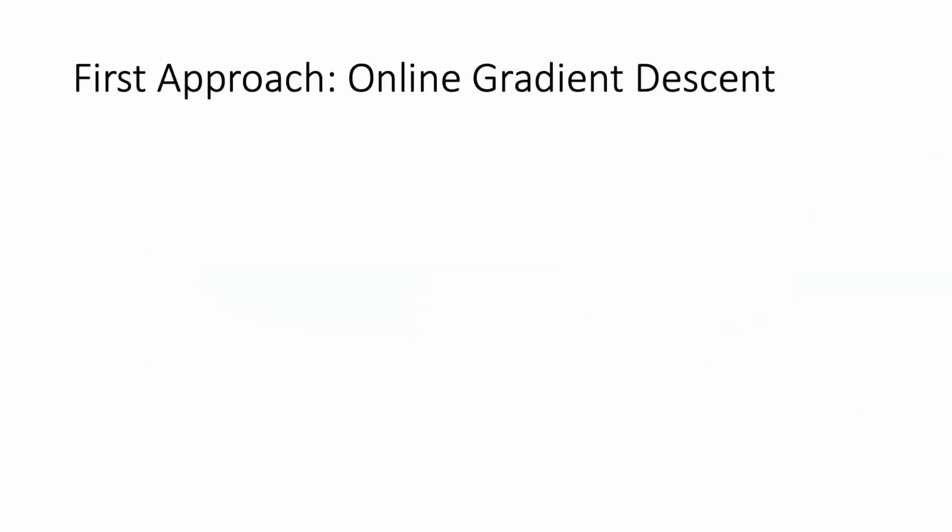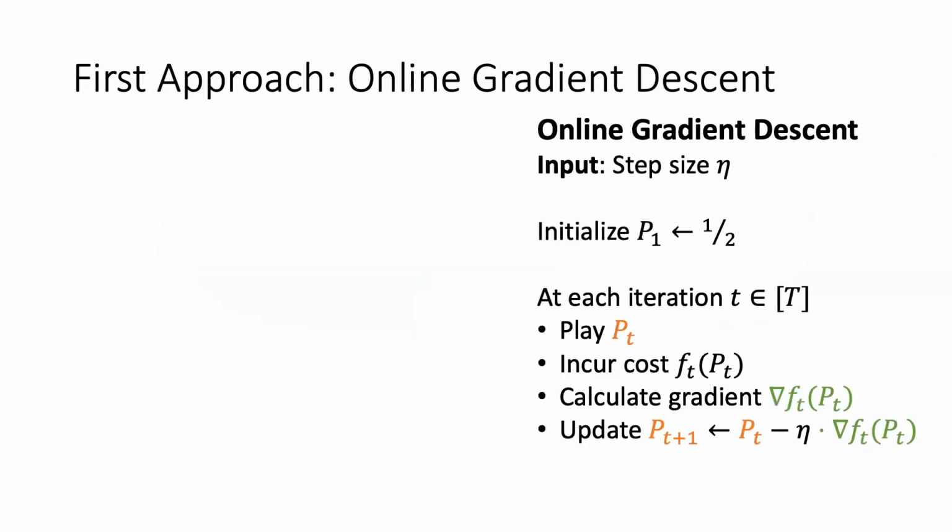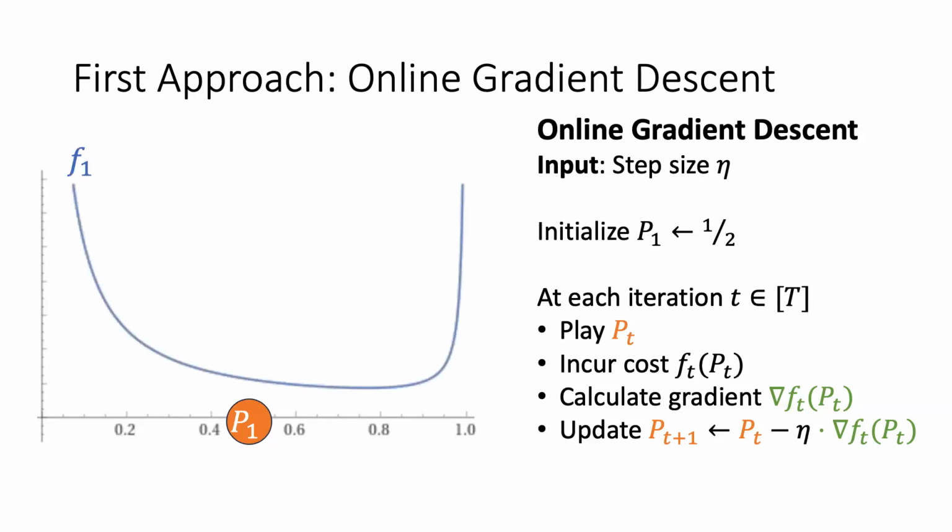So you may ask first, well, what about doing online gradient descent? So gradient descent online works in the following way. I'm working in the full information case just to show how this works. At the first iteration, you pick some probability P, let's say it's 1/2, and you have this cost function here. And you incur the cost of playing 1/2. Then you look at the gradient at where you just played, and you walk a little step in the negative direction here.